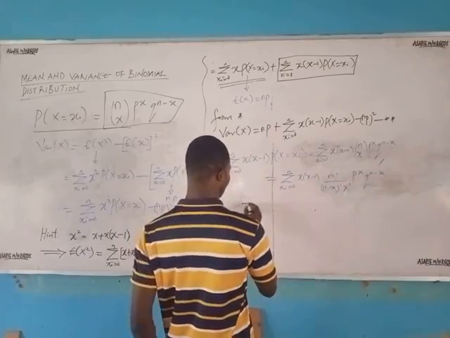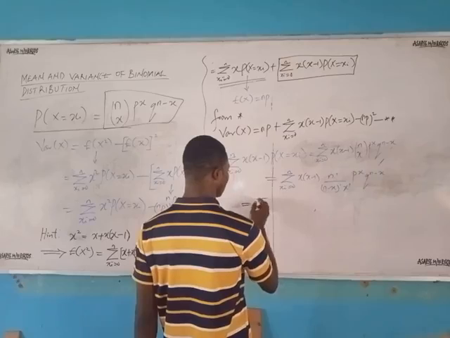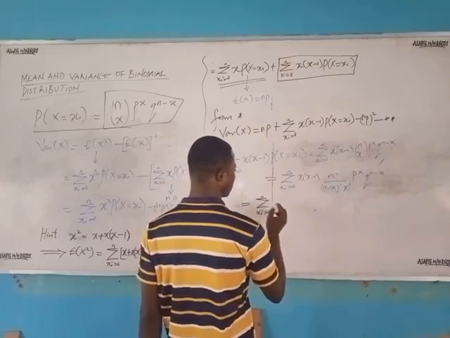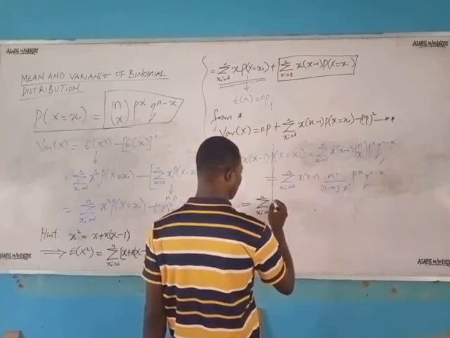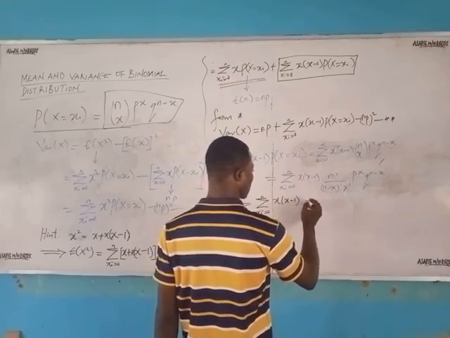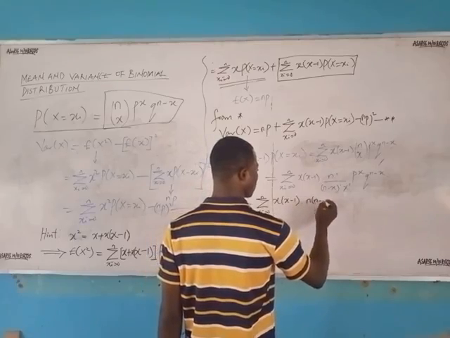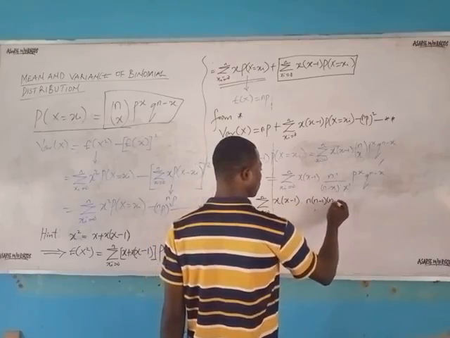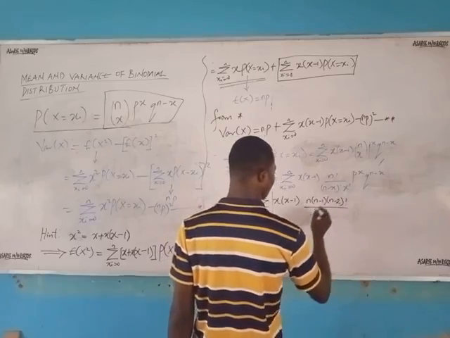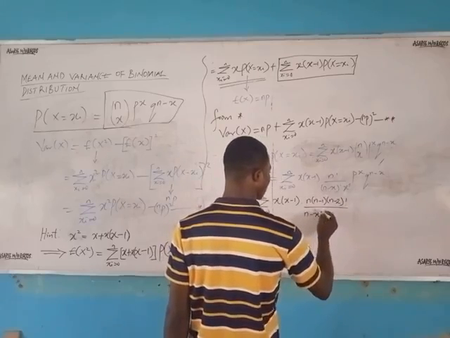So this will now be the summation, x from 0 to n, of n into n minus 1 into n minus 2 factorial all over n minus x factorial.